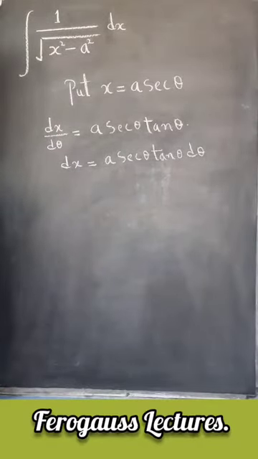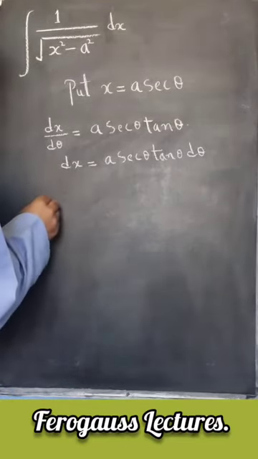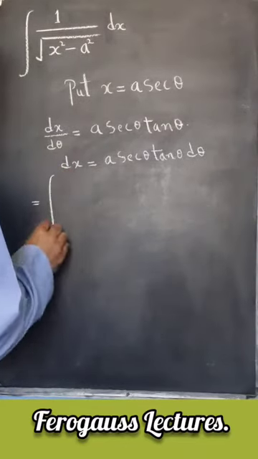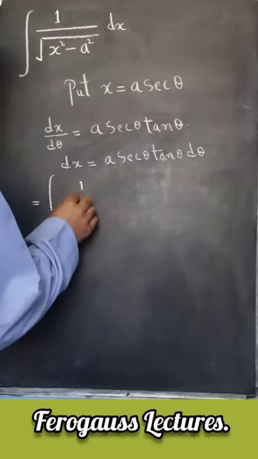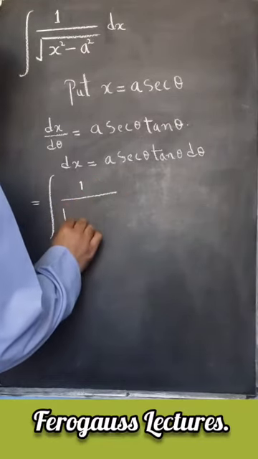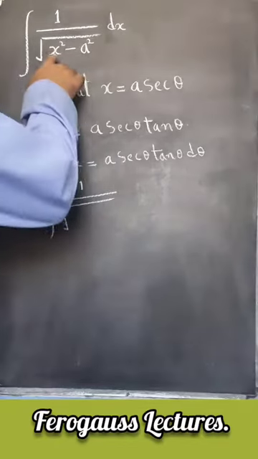Now substitute these in this integral, we get the integral of 1 by square root of x square.